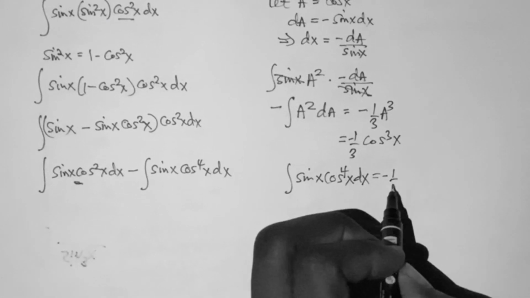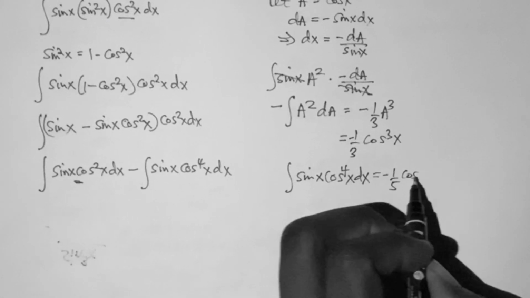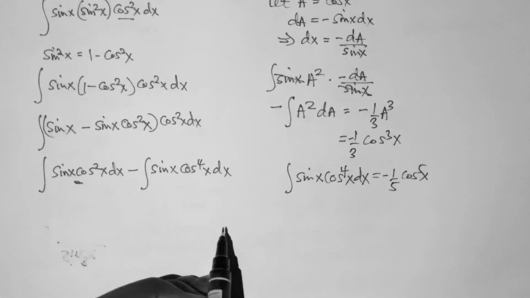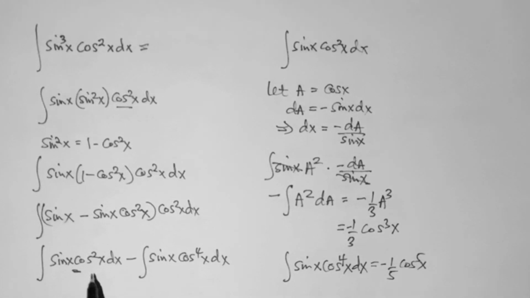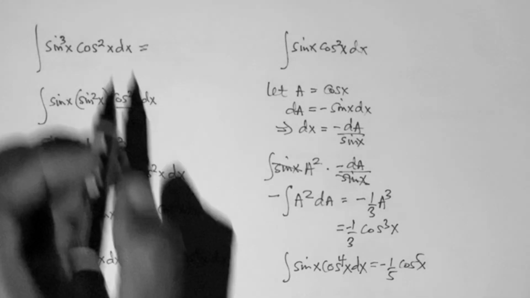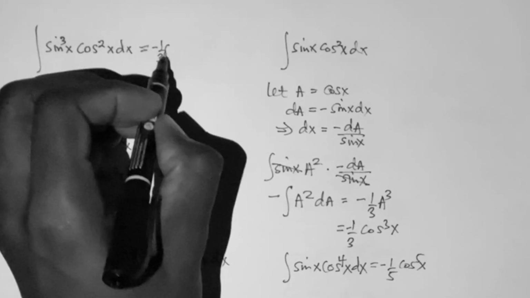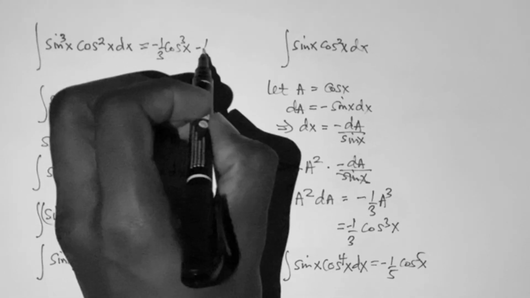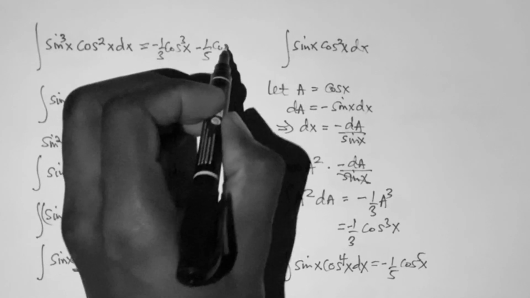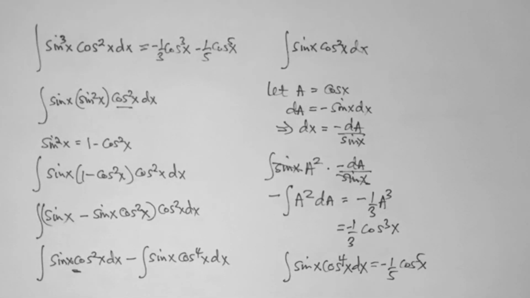So minus 1 over 5 cos x exponent 5. So that the integral of this becomes this part, which is minus 1 over 3 cos x exponent 3, then minus 1 over 5 cos x exponent 5. Now, sine x exponent 4 cos x exponent 4 dx.